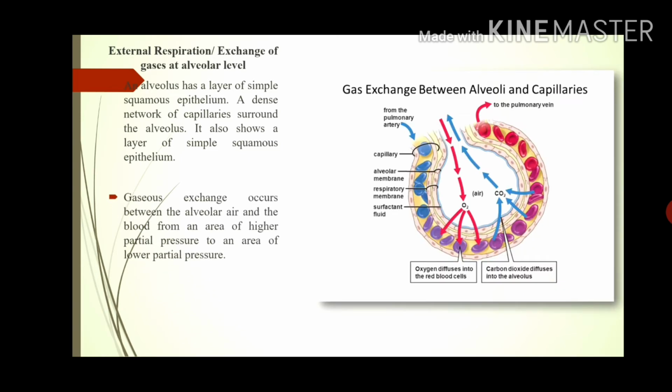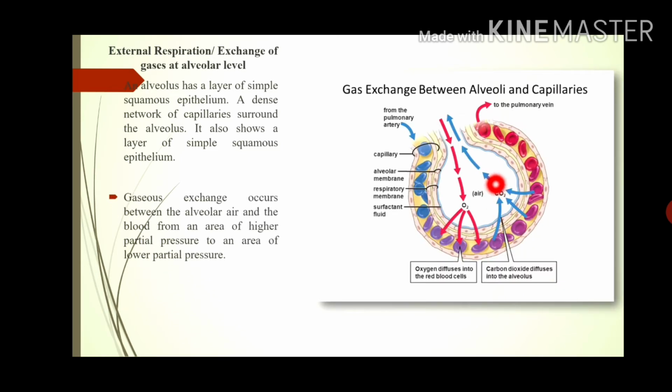The gases will exchange from an area of higher partial pressure to an area of lower partial pressure till the partial pressure in both regions reaches an equilibrium. Now this is what happens. See the image.